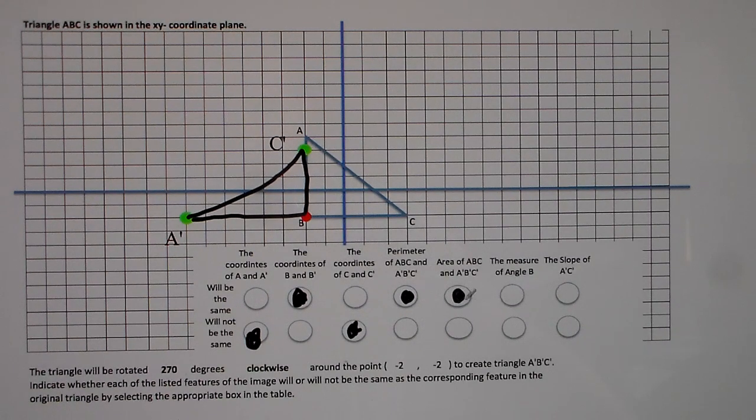Perimeter is the same, area is the same, measure of angle B is the same. The slopes, one's a positive slope, one's a negative slope, so clearly they're not the same. Anytime the perimeter and the area will be different is when we're working with dilation.